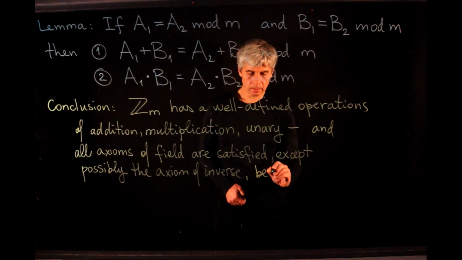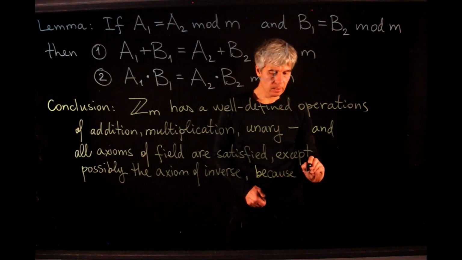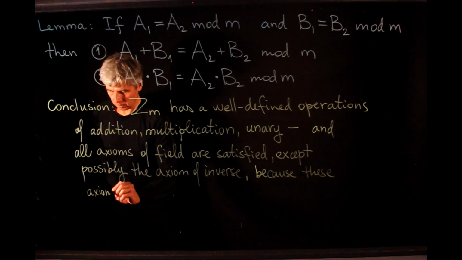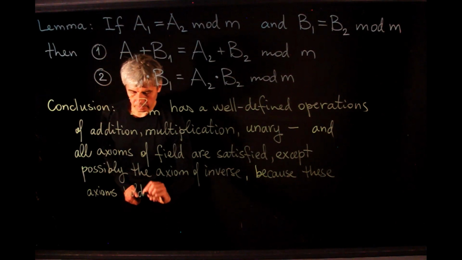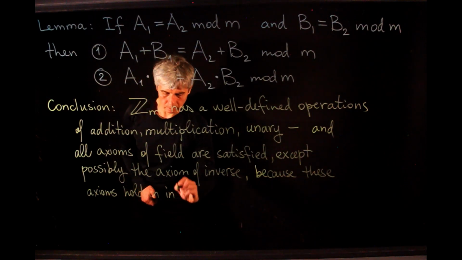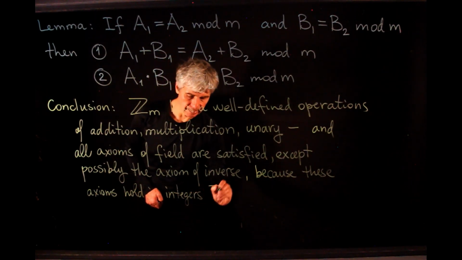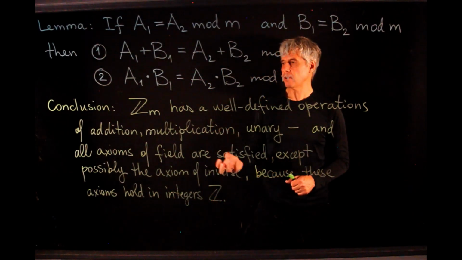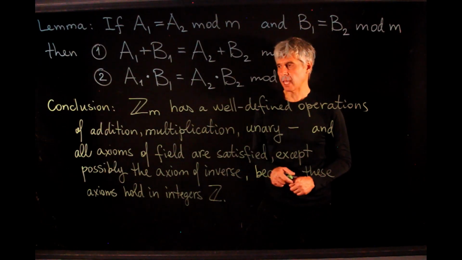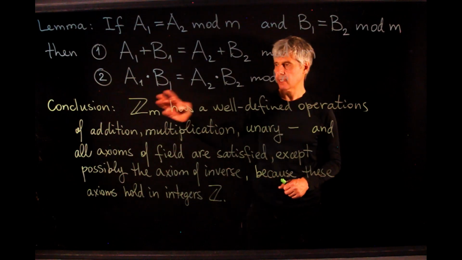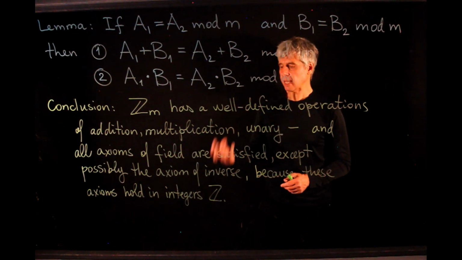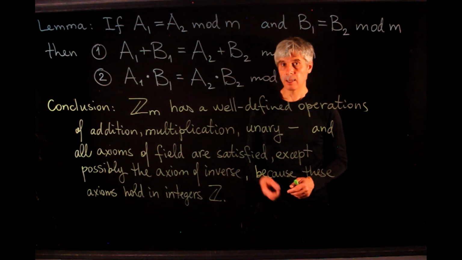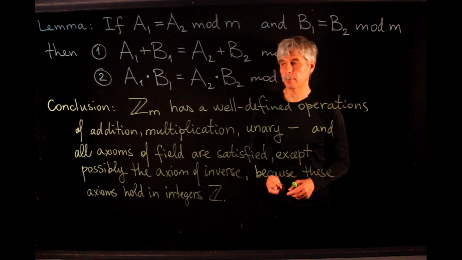So because these axioms hold in integers Z. And so what we saw is that when we verify, say, one of the axioms in Zm, what we can do is we can carry out the computation of the left-hand side and the right-hand side in Z, and then take the remainder only at the last step.